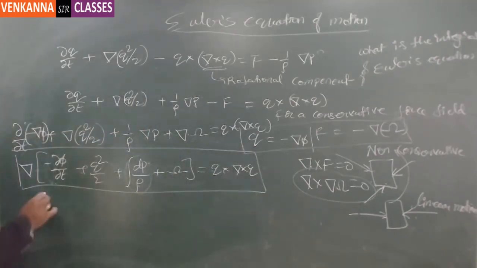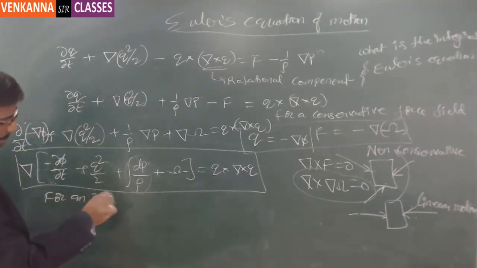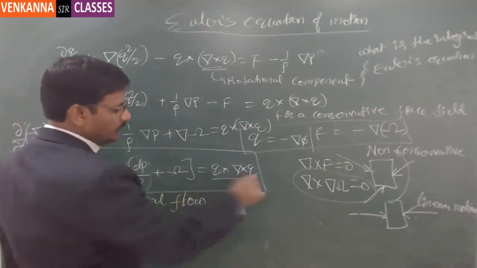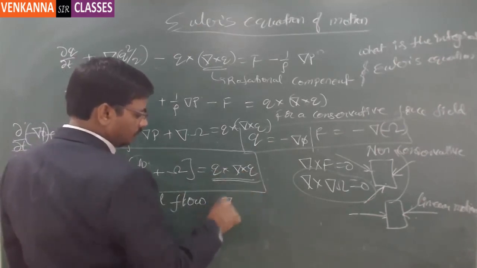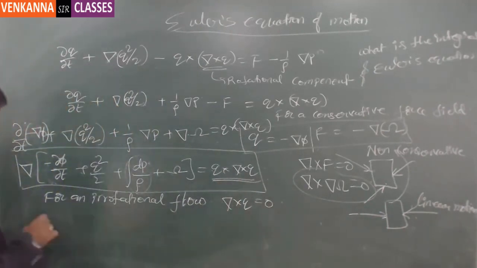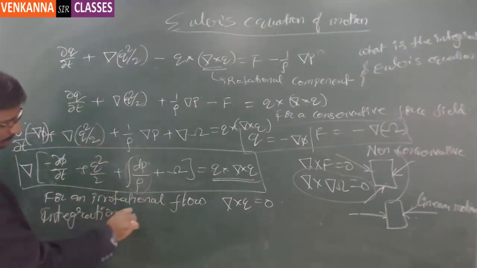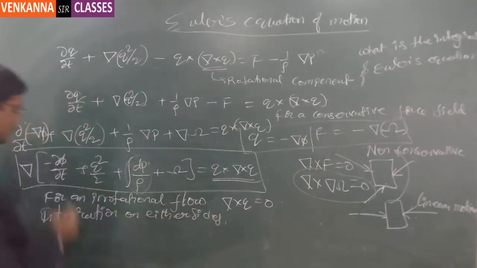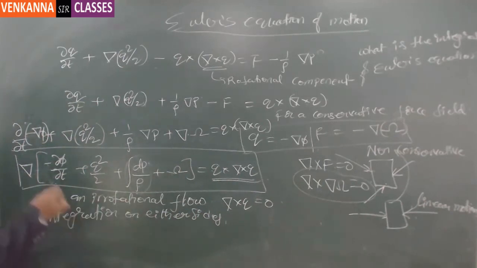So for an irrotational flow, del cross Q equal to 0, so this term will become 0. Replacing it with 0 and integrating on either side, del will cancel and the other side is 0. The integration of 0 may be a function of time, because you are integrating with respect to space.